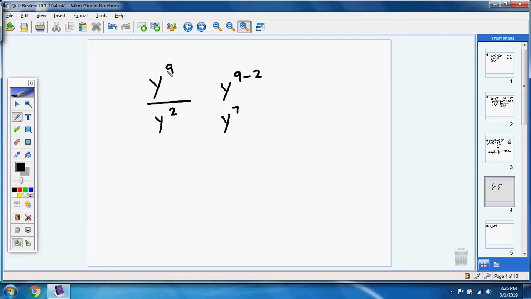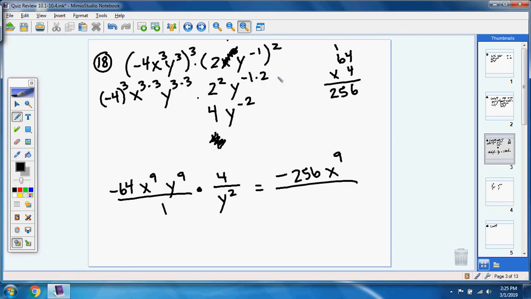Or if you really wanted to, you could write out 9 y's at the top, 2 y's at the bottom, and cross out what they have in common. But that's probably too many y's than you want to. If you can remember the rule with the subtraction, it's a lot easier. So the y to the 7th power would actually be at the top because the 9 is at the top, or the numerator.